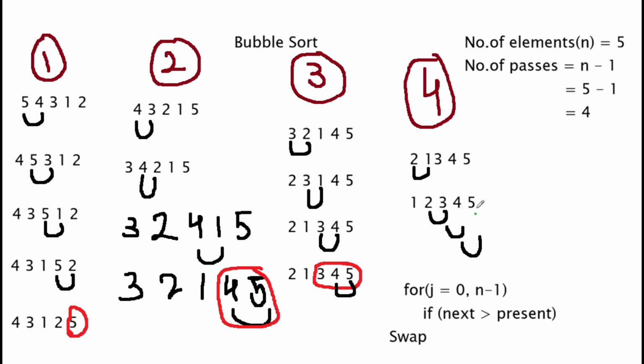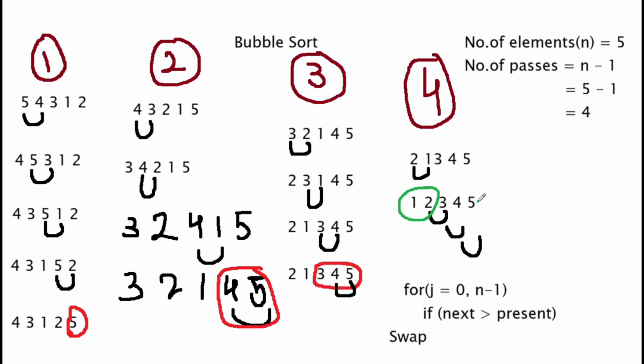Don't you think there is a waste of time and iterations? Got the point, right? 2, 1, 3, 4, 5. If you take these elements as an example, only one swapping has been done, that is 1 and 2, isn't it? After that, for 3, 4, 5, like 3 more iterations are a delay, a waste of doing those iterations.